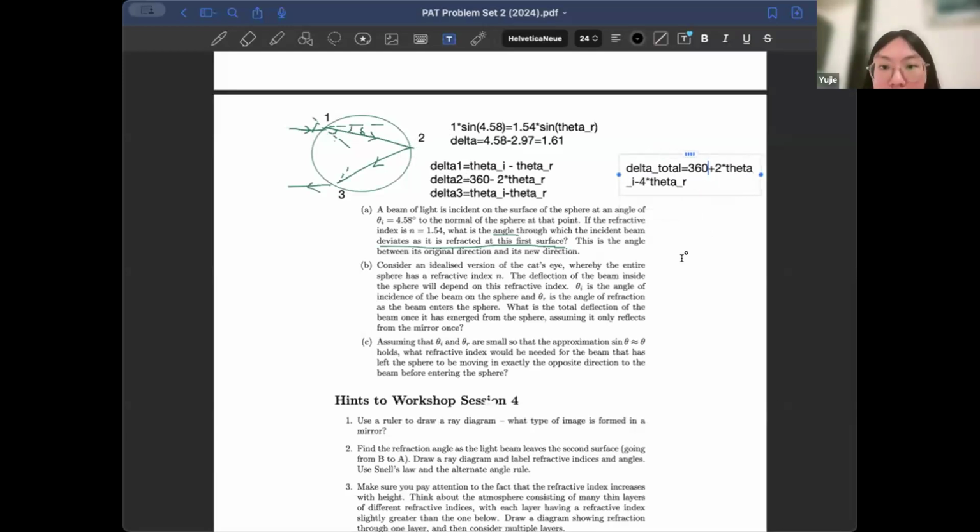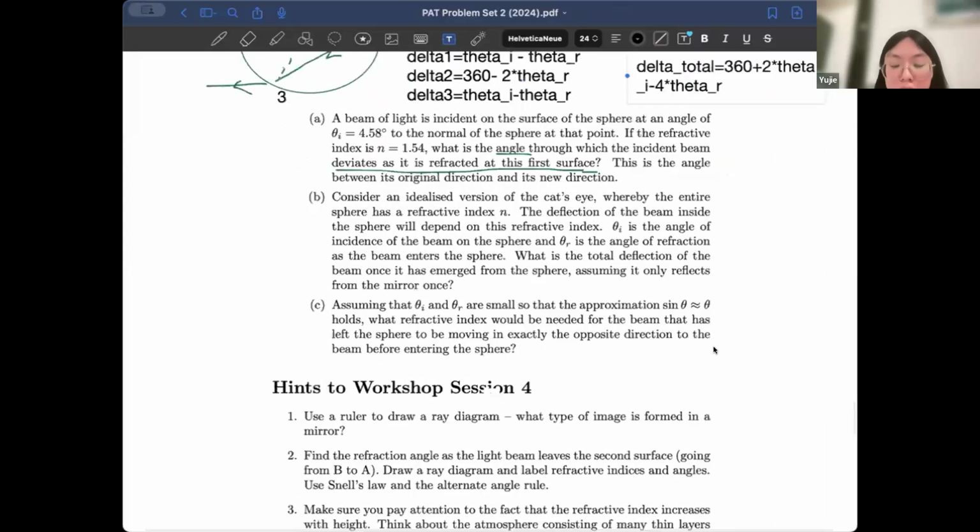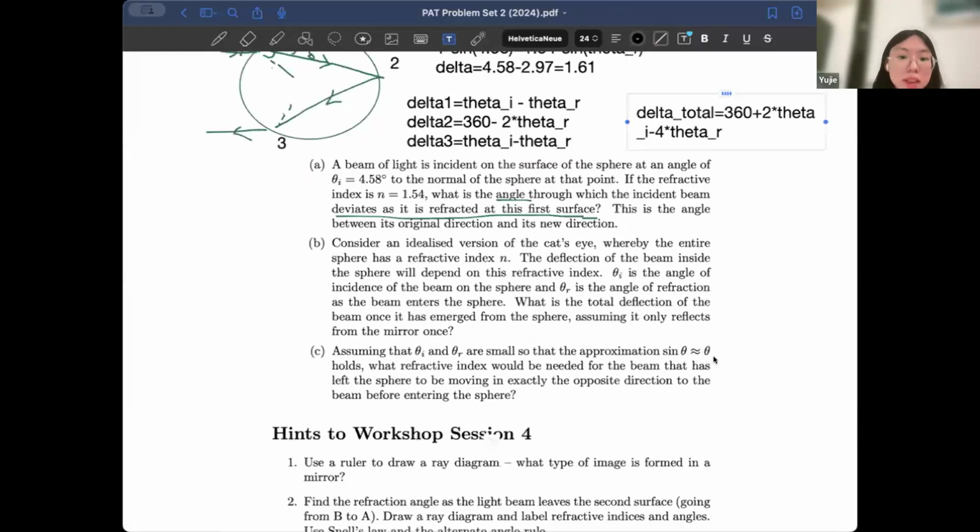So here we have derived the total angle of deviation in terms of theta R and theta I. Assuming theta I and theta R are so small, we can approximate sine theta to be equal to theta. And we're looking for the specific refractive index for the beam that has left the sphere to be in exactly the opposite direction to the beam before entering the sphere.